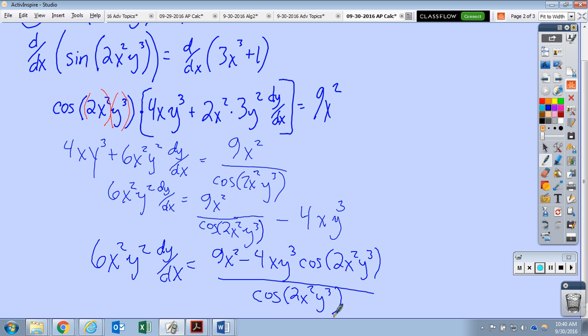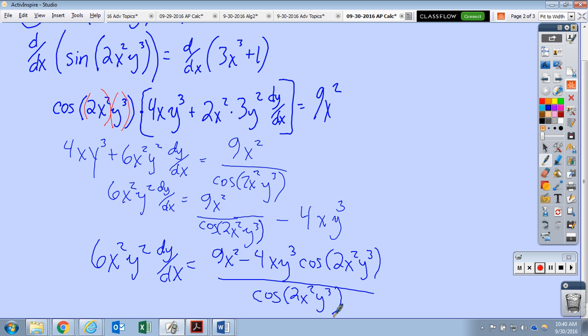Can you really just do it to just the 4xy cubed, just multiply the top and the bottom? Yeah, you're allowed to multiply any fraction by the same non-zero value, and it'll give an equivalent fraction.